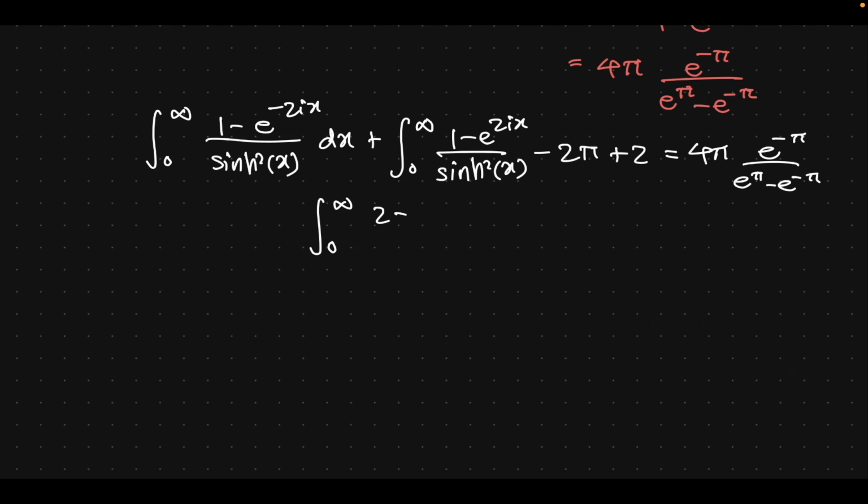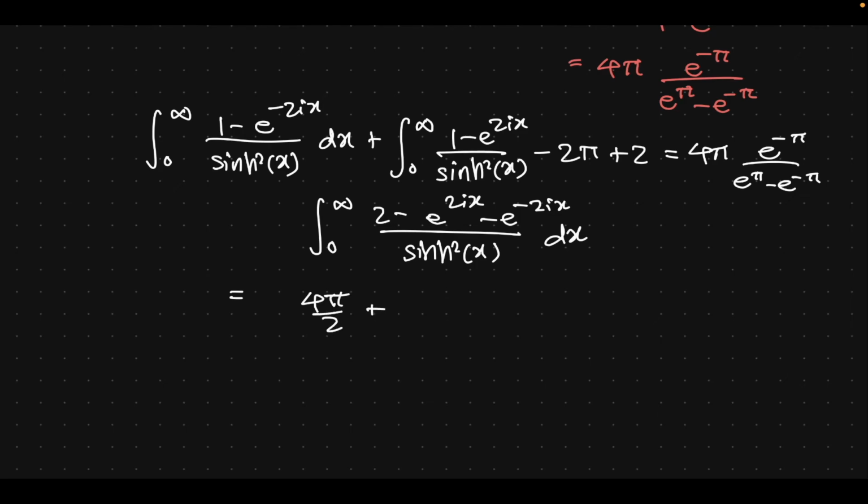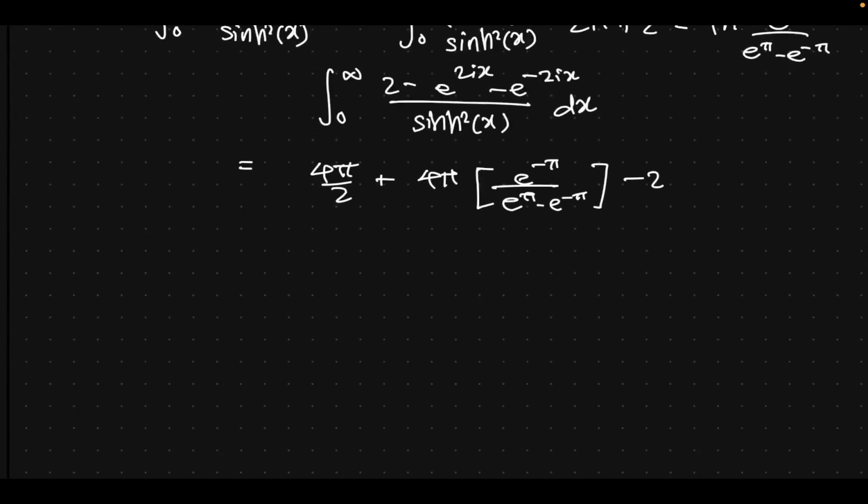Let's see. e to the 2ix minus e to the minus 2ix over sinh squared x dx equals 2 pi is 4 pi over 2, plus 4 pi times e to the minus pi over e to the pi minus e to the minus pi, minus 2.